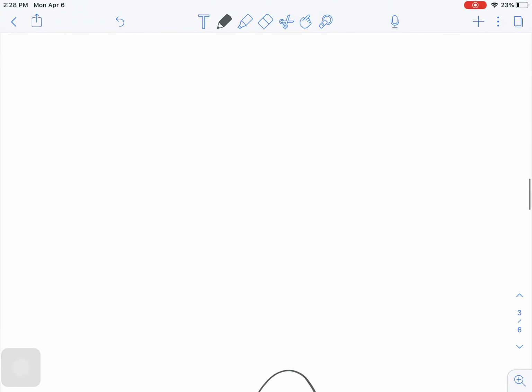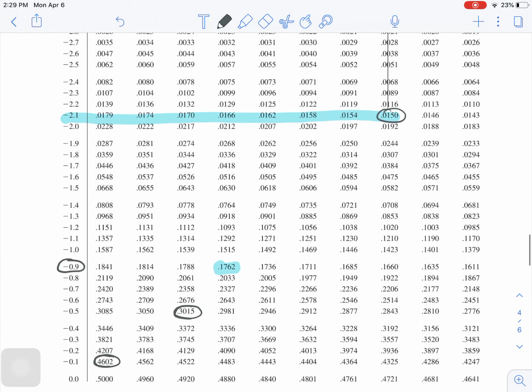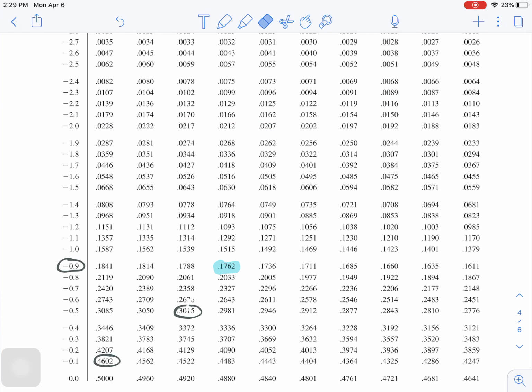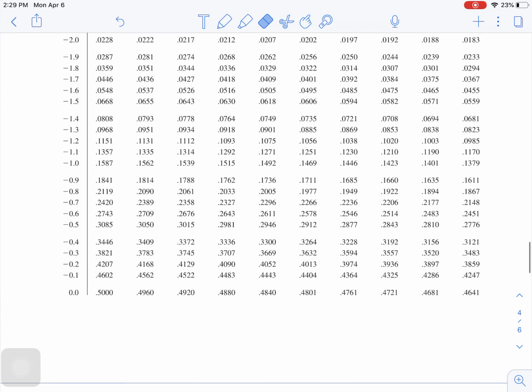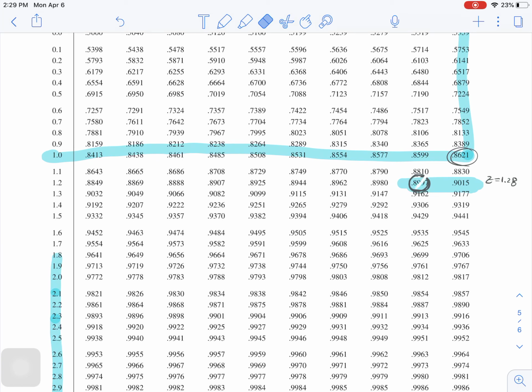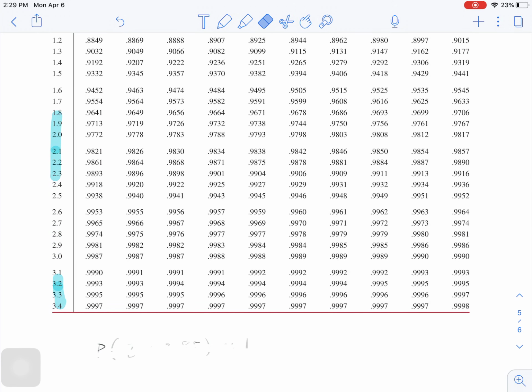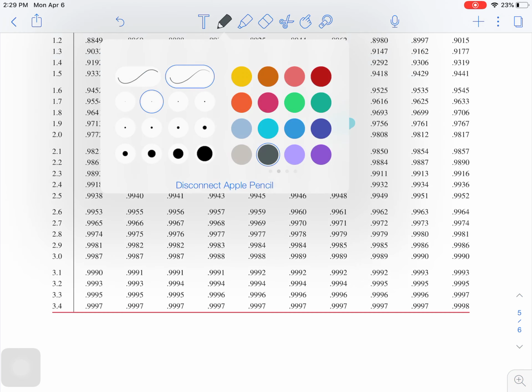To do that, we'll go down to our z table, and we want to find 0.975, or as close as we can get. 0.975, I'm going to look here among the probabilities / areas. 0.975, wonderful, we found exactly that value.